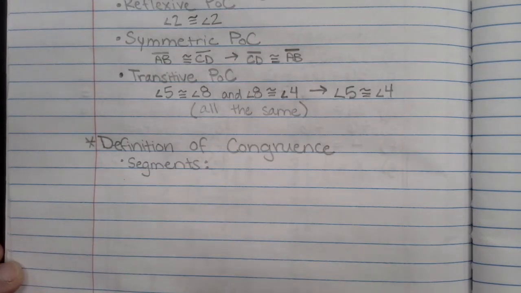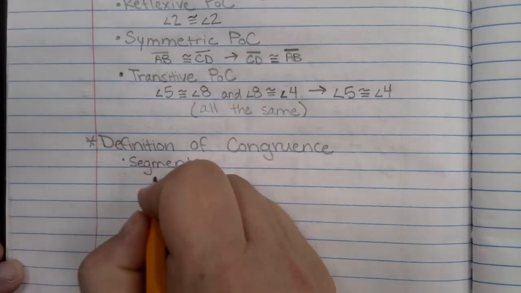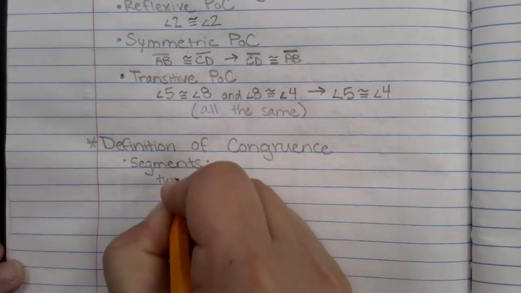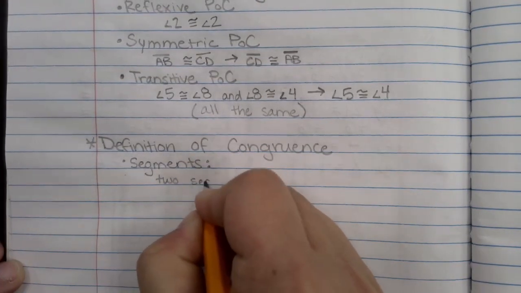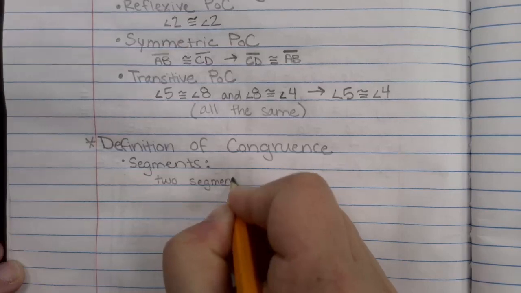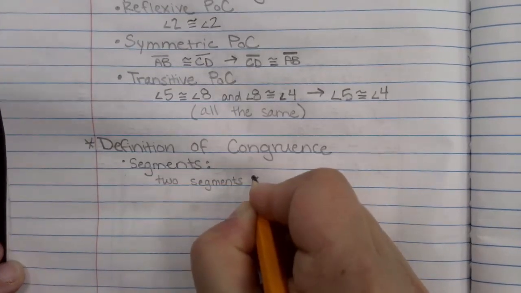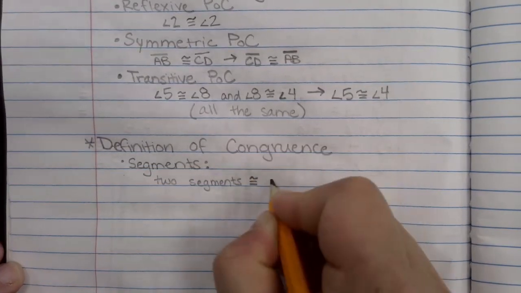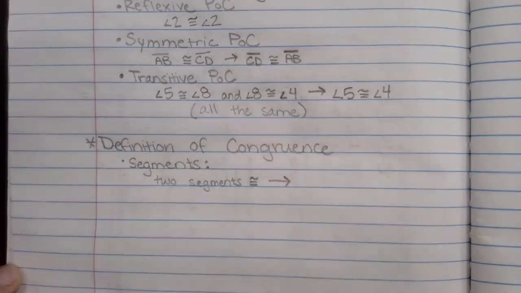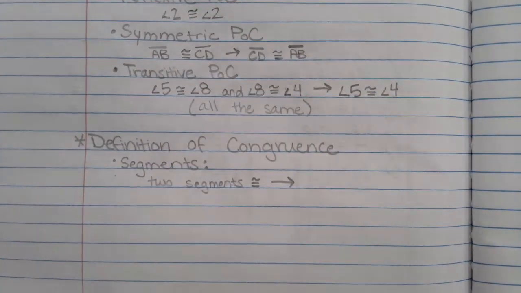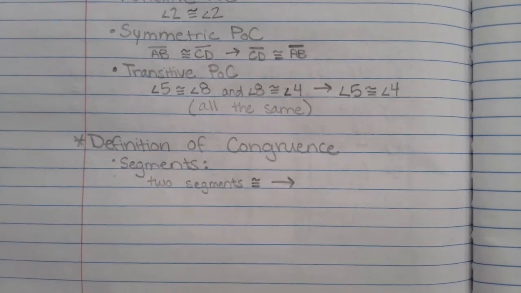That's all right. All right, for segments, if I know that two segments are congruent, what does that tell us if two segments are congruent?